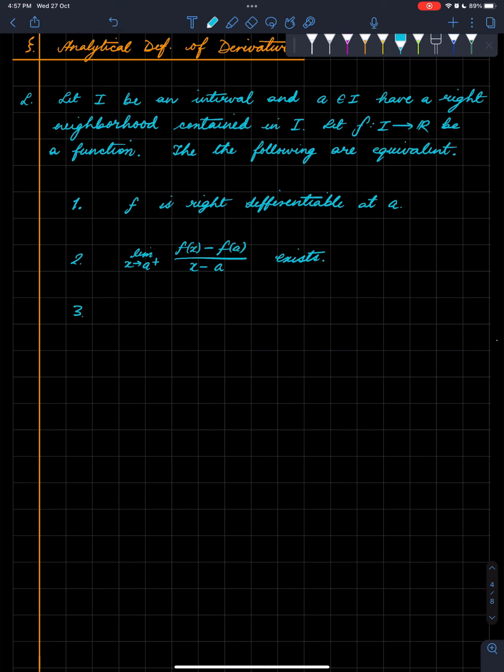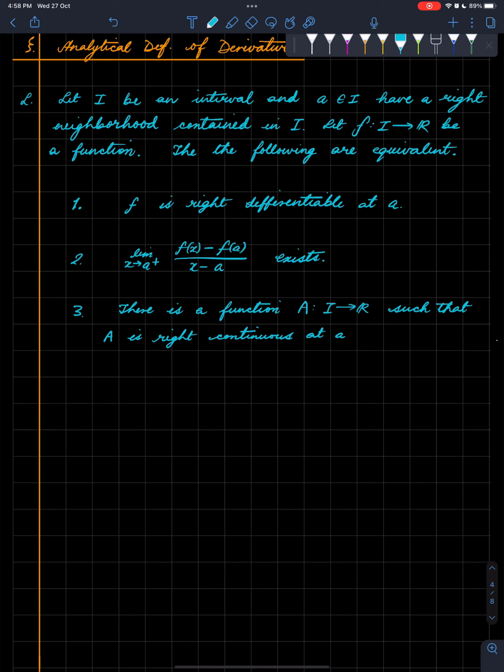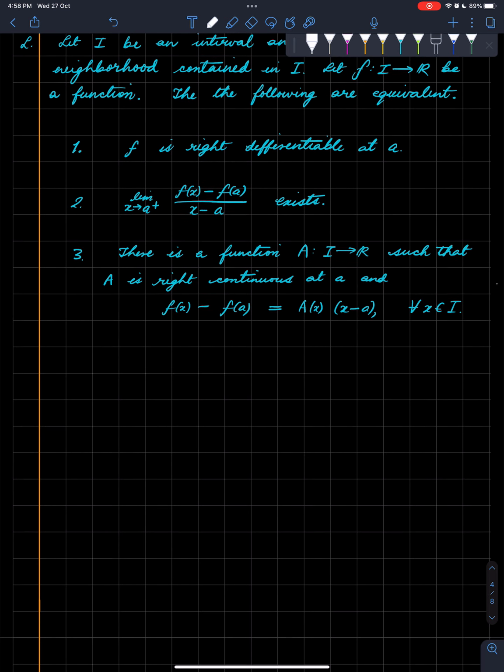And the third is there is a function A such that A is right continuous at little a, and f of x minus f of a equals A of x times x minus a for all x in I. Alright, let us prove all of these things.